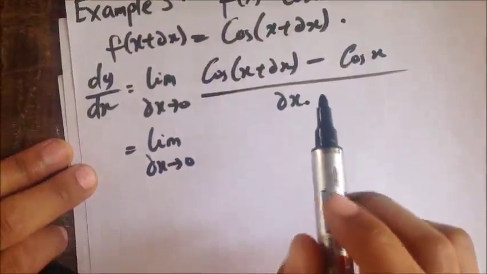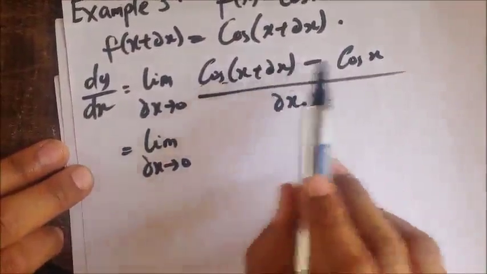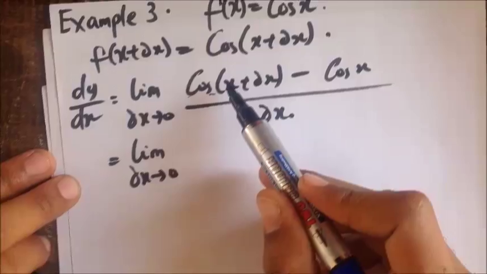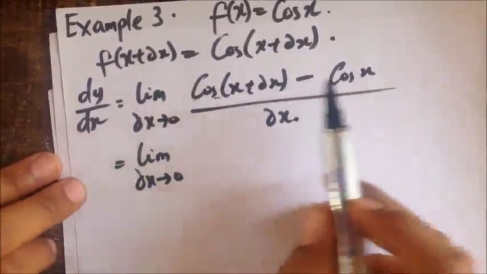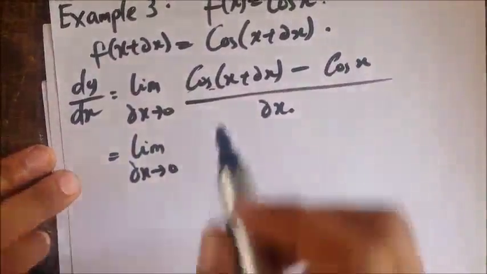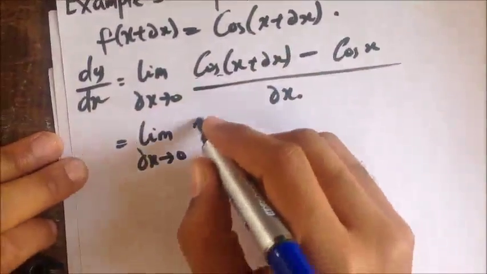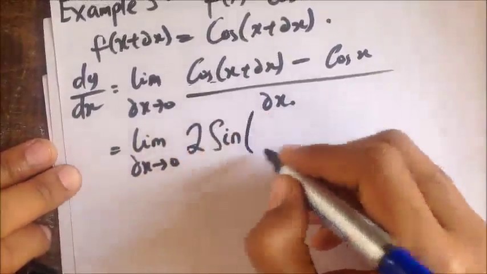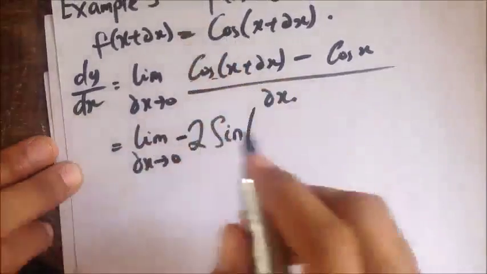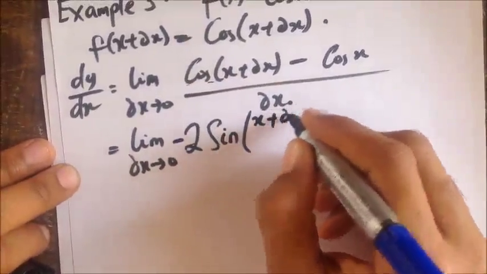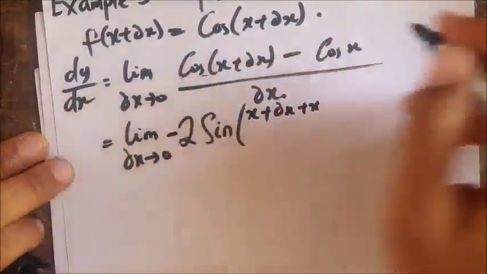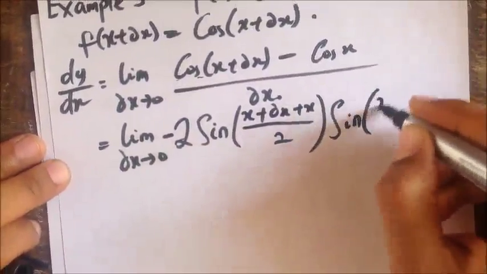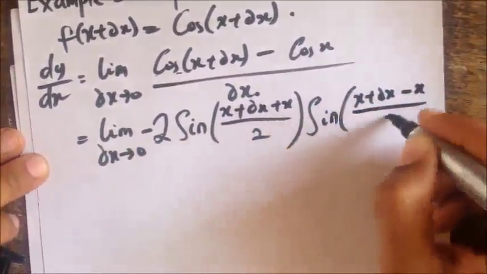I'm going to use an identity to simplify this. We have an identity that says cos x minus cos y, that's two cosines subtracting from each other, is going to be minus 2 sine of (x plus delta x plus x) divided by 2, that means (x plus y) divided by 2, times sine of (x plus delta x minus x) divided by 2.